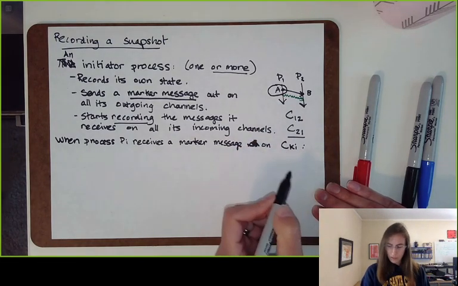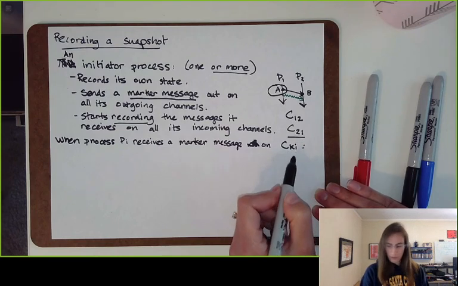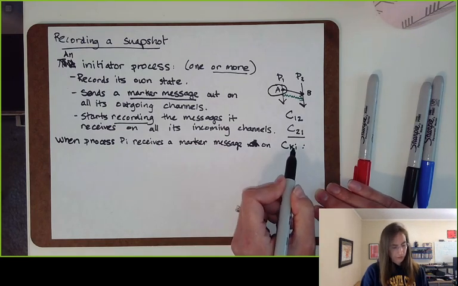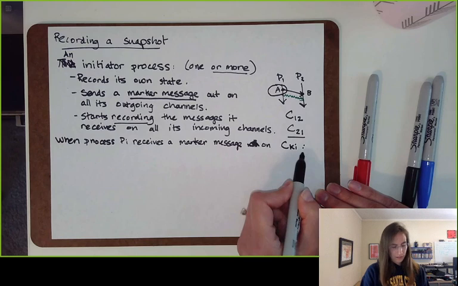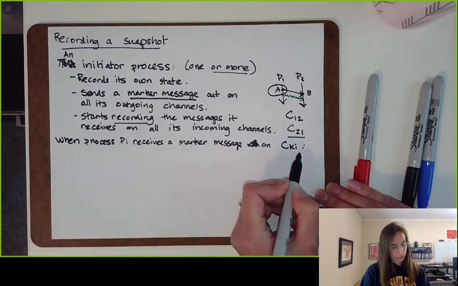Again here, this is the channel that goes from the sender, in this case process Pk, to the process that we're talking about, which is process Pi.